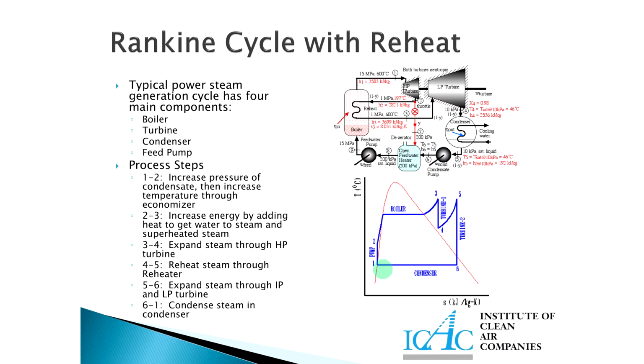Now there's another typical power plant that you probably have heard of, and that is the combustion turbine combined cycle process. It's quite popular because it has better efficiencies than the cycle that I just showed you.